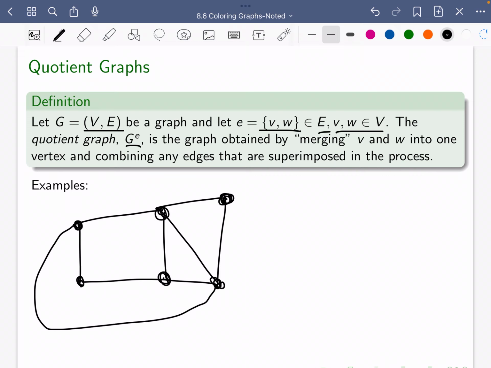So this is our graph G. Let's call this edge E. So we are going to find the quotient graph G/E. And what we're doing is we're taking along this edge E, we're just going to merge the two endpoints of that edge.